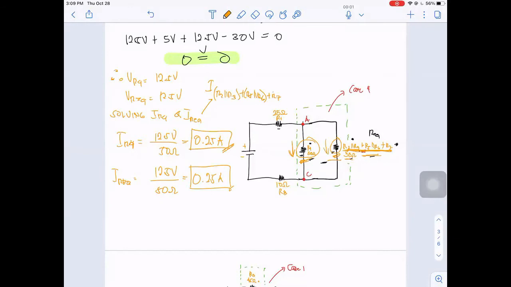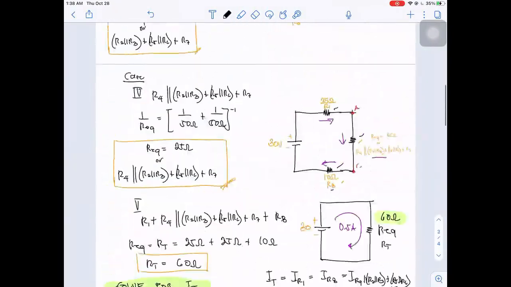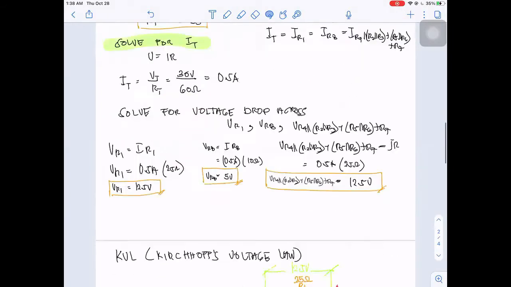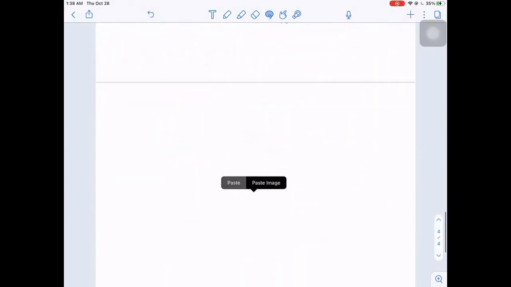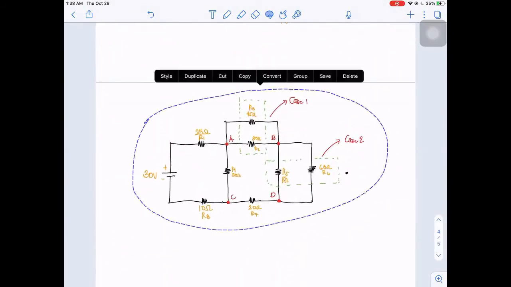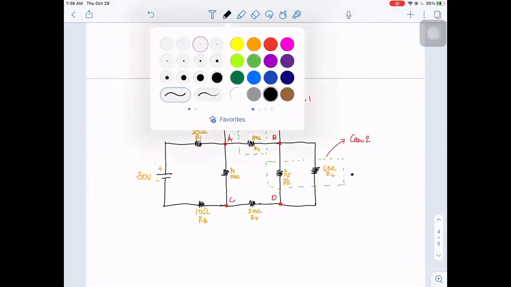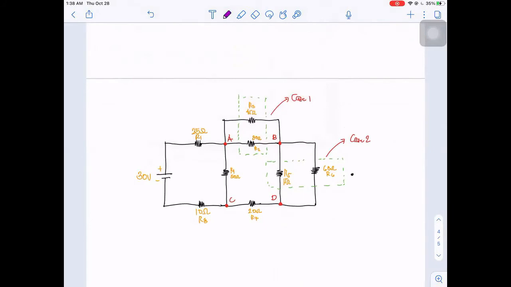But we need also to analyze the current that is flowing in the entire circuit. We will check also for the current flow of the entire circuit. So what are the currents that are flowing in the entire circuit? Let's just analyze the flow of current here. We have our total current that is flowing here.